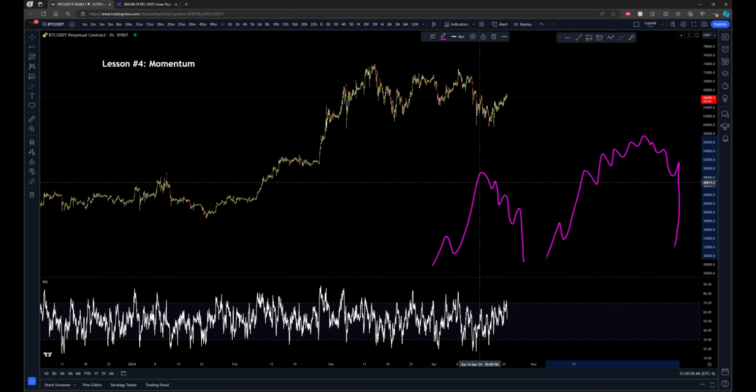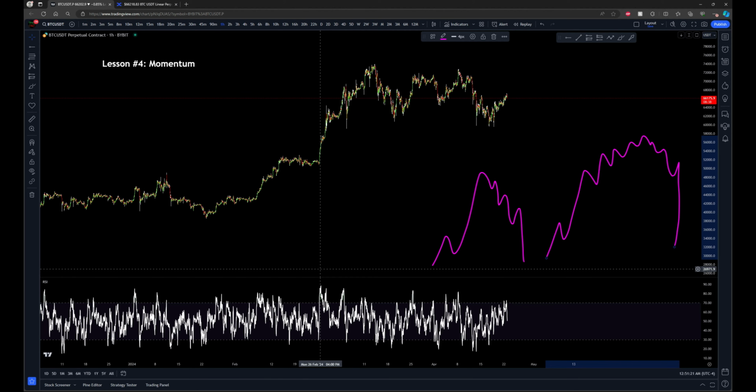So how do we actually practically apply this? Well, we want to assume that we're going to see price continue in the direction of momentum. So if we get a strong momentum move, which we can see on our indicator like the RSI, we'll take a look at examples in just a sec, then we want to be with that trend.